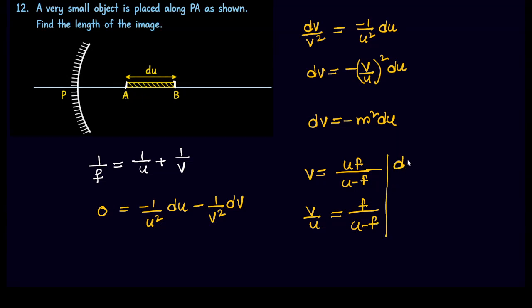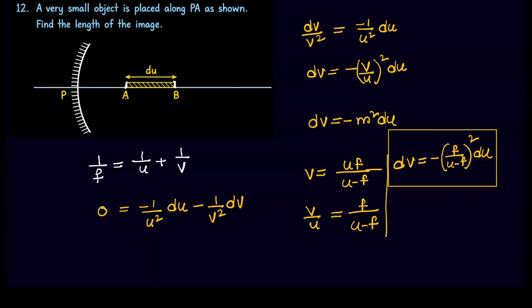Then dv is equal to minus of f by u minus f whole square into du. This is the answer; if they ask, this can also be considered.